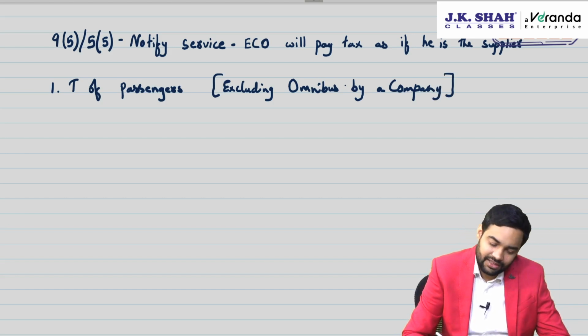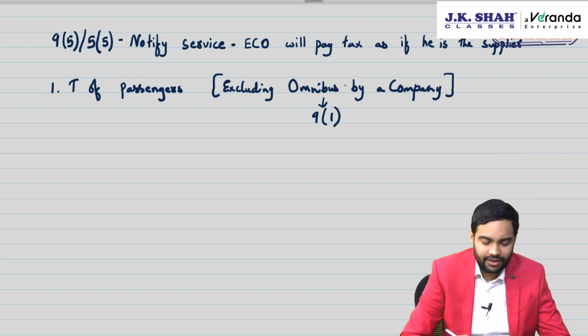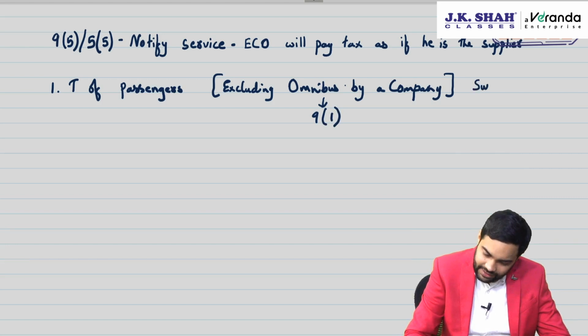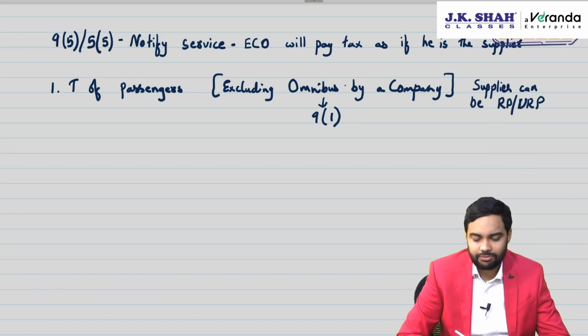So omnibus by a company, this will be covered under 9(1). Also be careful that here in the first entry, it does not matter who the supplier is. Supplier can be a registered person or unregistered person. Irrespective of that, the ECO will be responsible to pay the tax.